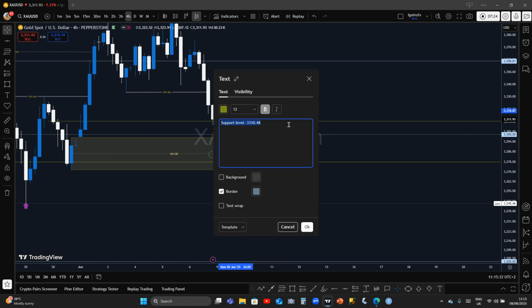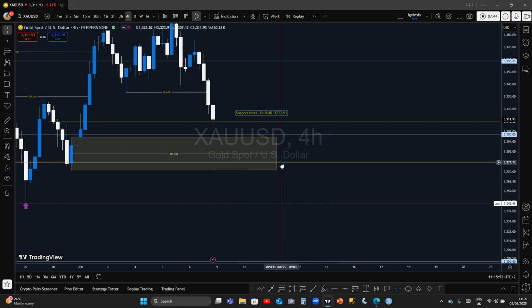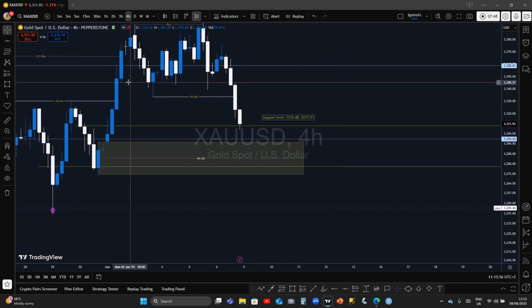The next support is 3277.91. All right. So these are the support levels where we should be putting our eyes on.